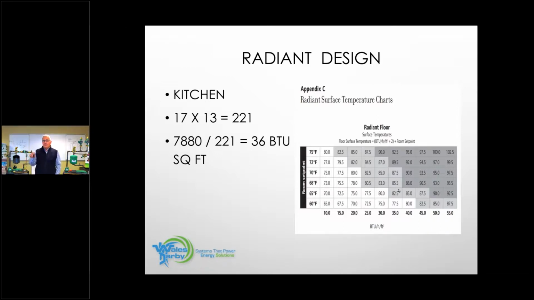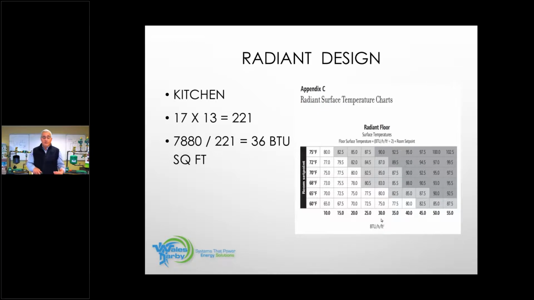So let's think about this. If I decide to go with 35 BTUs a square, I will be short BTUs. I'd have to make up that difference. So I could make it up with that panel rad that we did decide on earlier, except it would be a smaller panel rad.